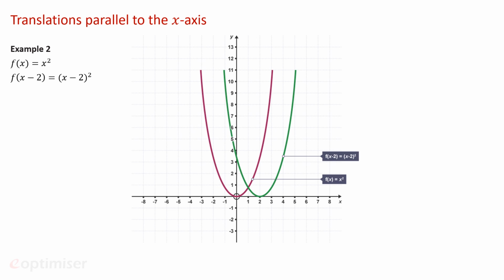The green is the translated graph that is moving 2 units to the right, parallel to the x-axis. So the translation vector is going to be (-a, 0). So it's moving minus a in the x direction and 0 in the y direction.